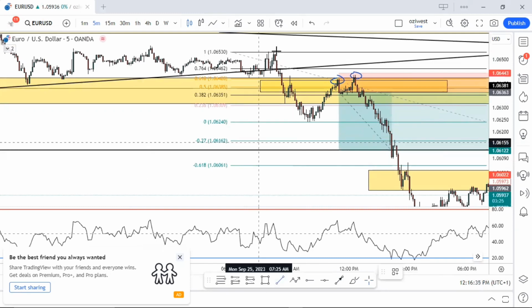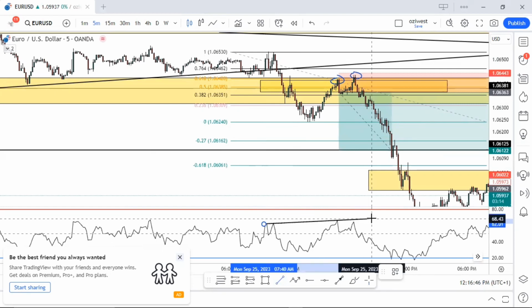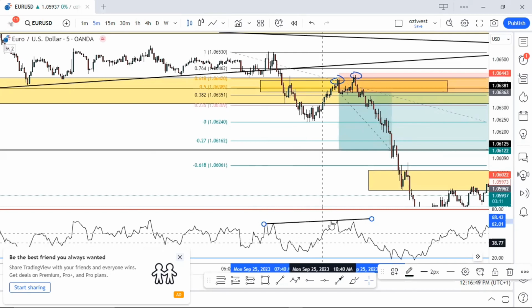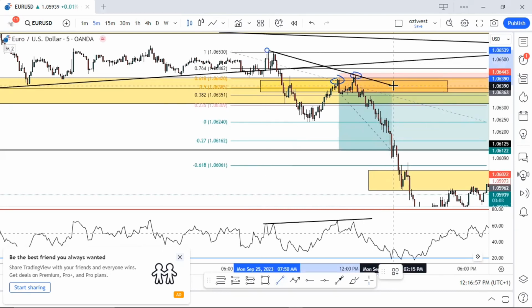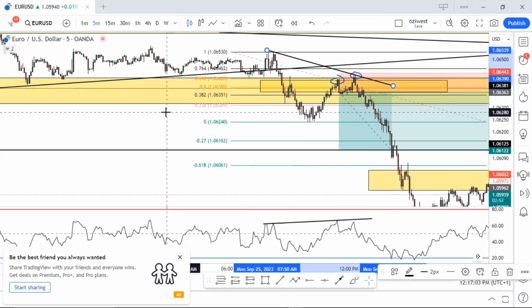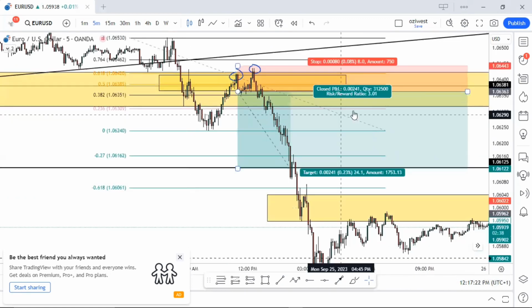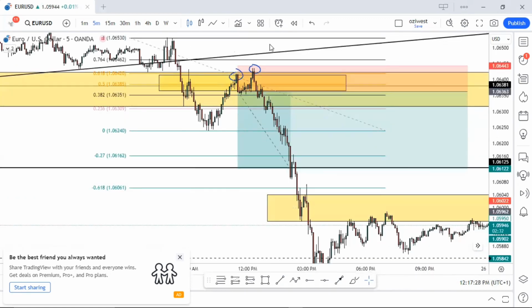On the RSI here, when you follow the same area, you notice that price here was giving higher highs, but looking at the candlestick, you notice that price was giving us a lower high, so that there is a hidden bearish divergence, which signifies that price is going to continue pushing downwards. Price is going to continue selling. So that's it for this particular trade.